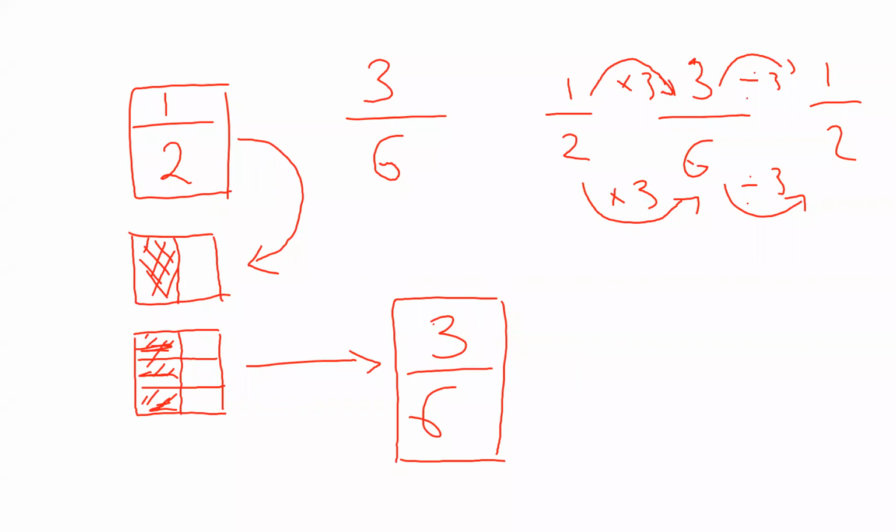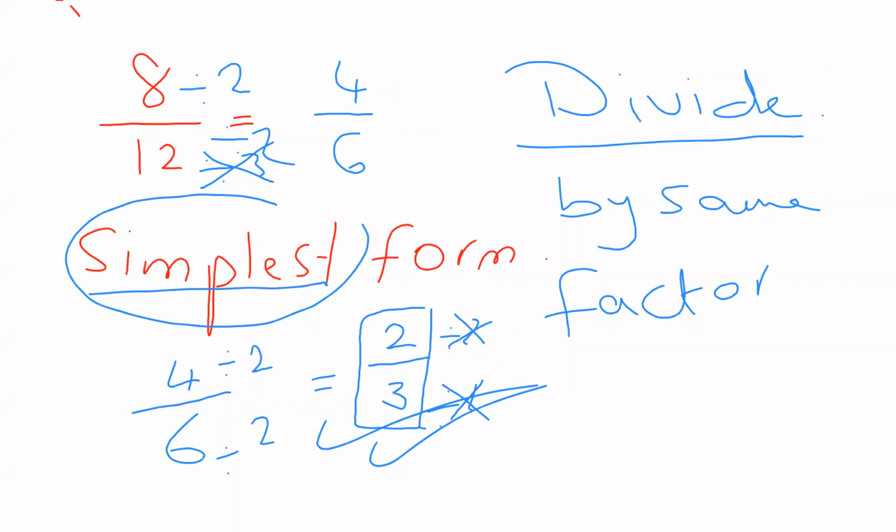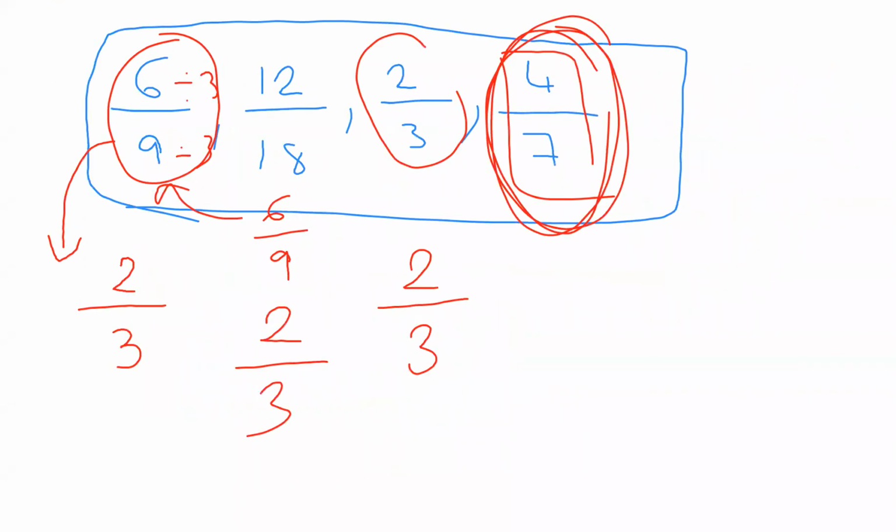And finally, we took examples: first, we put fractions in the simplest form, also by division, and then how you can pick out the odd fraction which is not equal or not equivalent to the others.